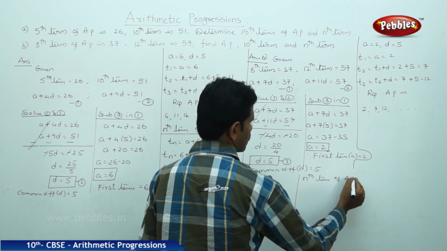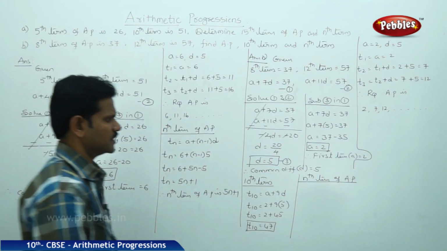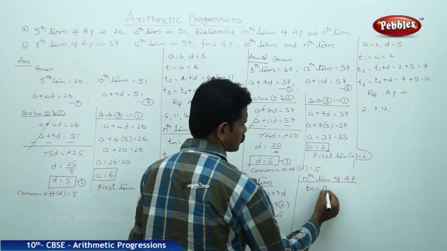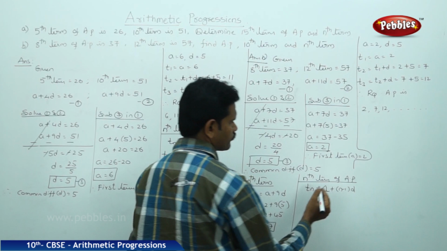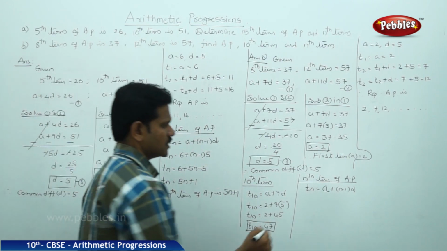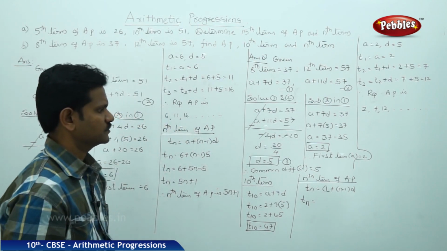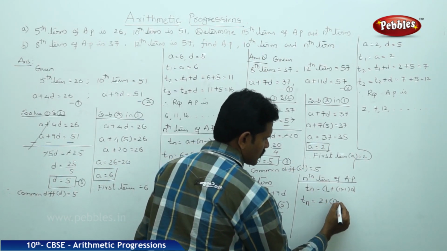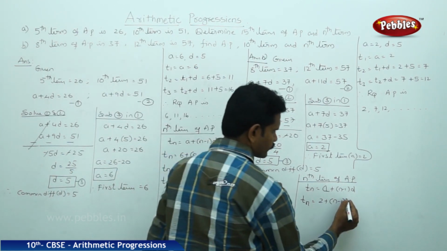Next we have to find out the nth term of AP. The nth term formula: Tn is equal to A plus n minus 1 into D. That is, Tn is equal to, what is the A? The A value is 2, plus n minus 1 into, what is the D? The common difference is 5.